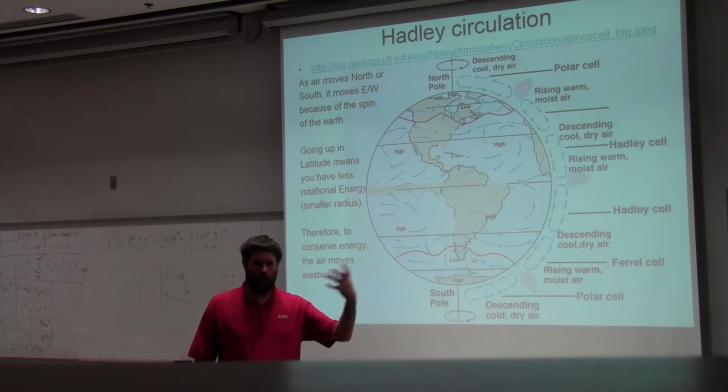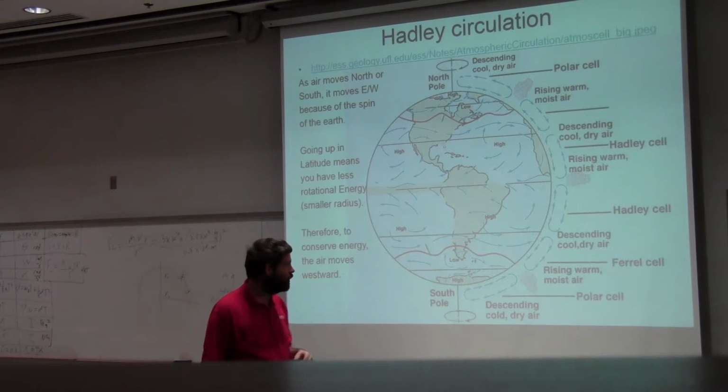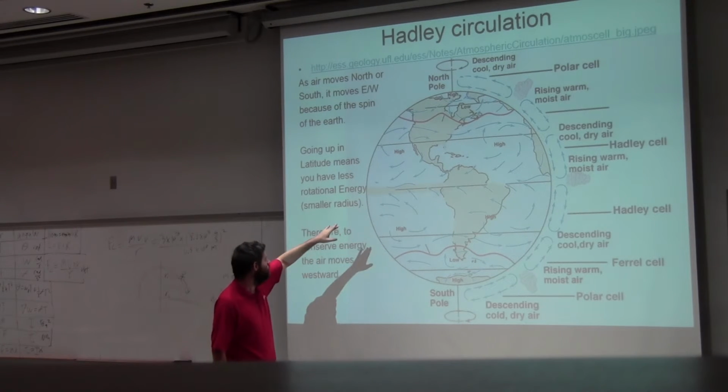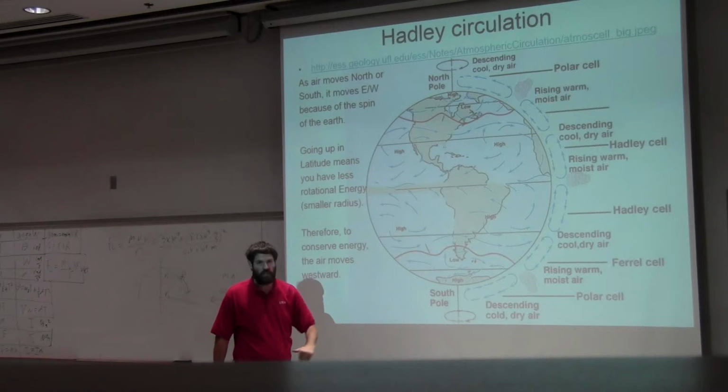Air goes from high pressure to low pressure. We'll learn more about that later in the course. And so along the ground, the air goes towards the equator.